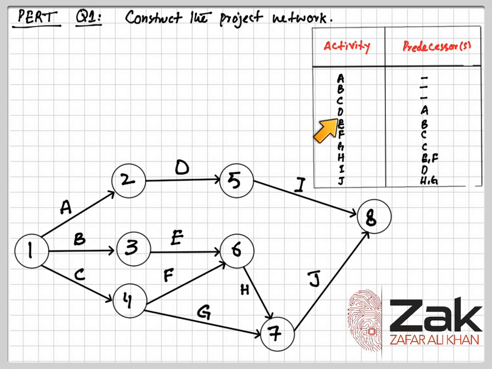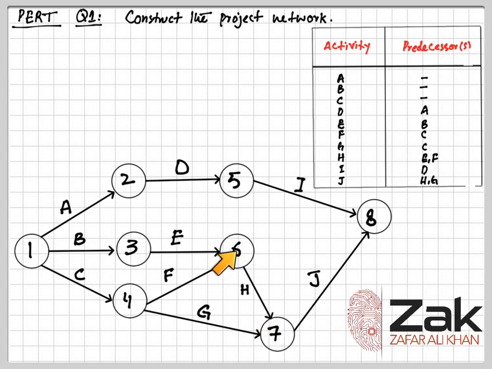Then we have activity E that starts when activity B ends, at the 6th node, and activity F that starts when activity C ends here, and then activity H that starts when E and F both finish at node number 6. But we have to keep in mind that H also ends along G, so we make H, when E and F finish, go to the node where G already finished.